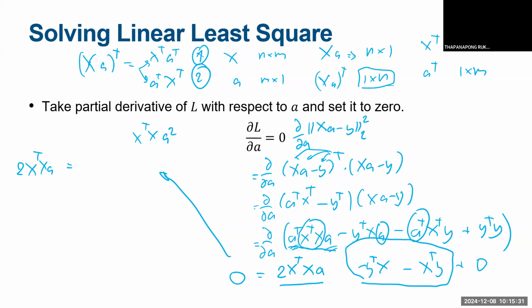When you take the derivative in the transpose, you actually transpose this one, so it actually becomes the same. You get Y transpose X just because the A here is the transpose.